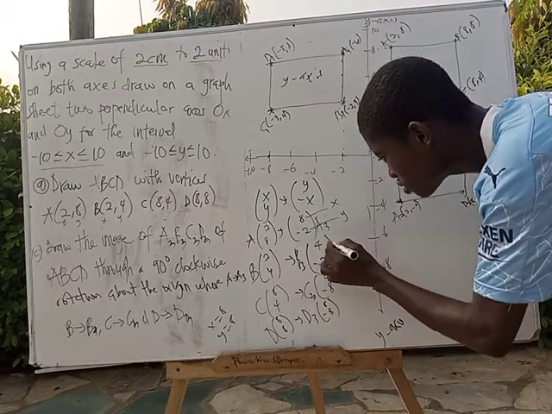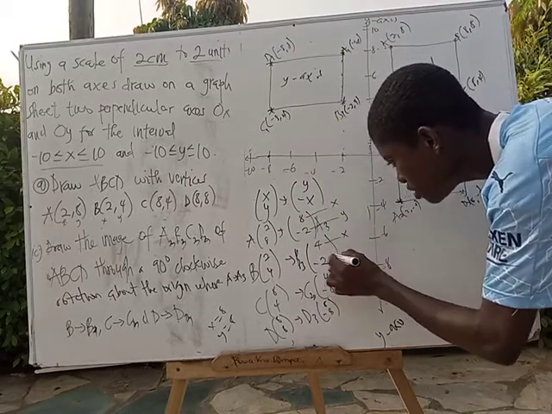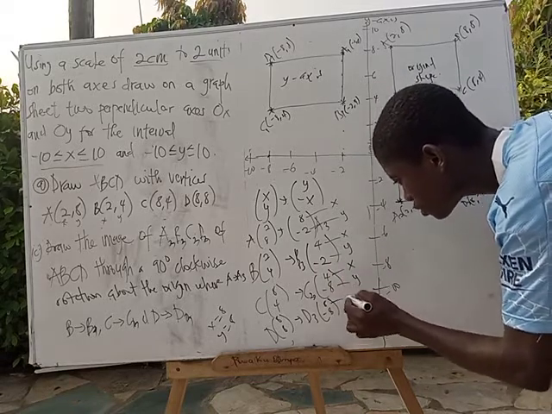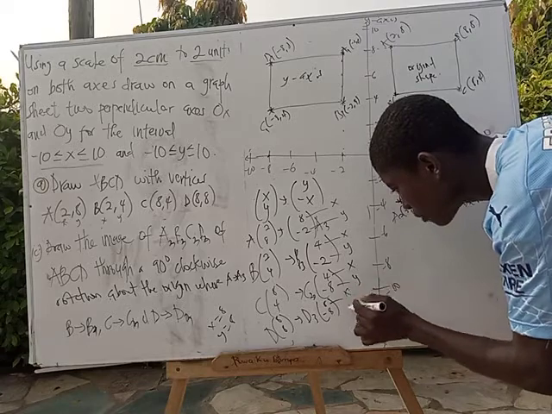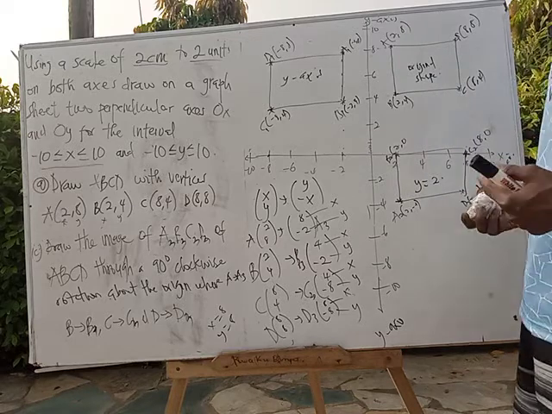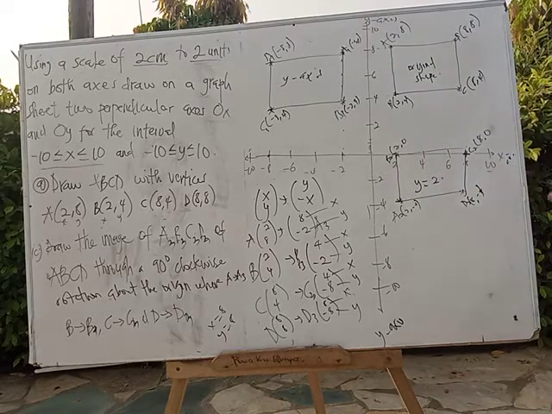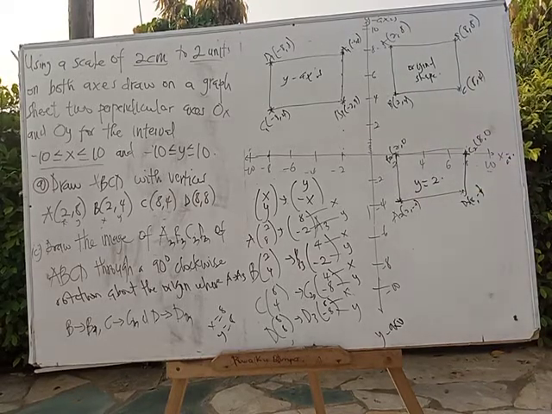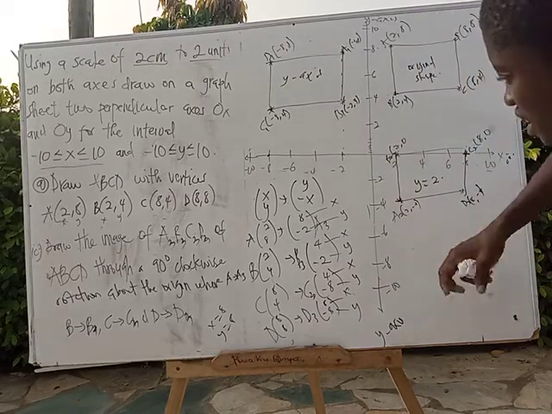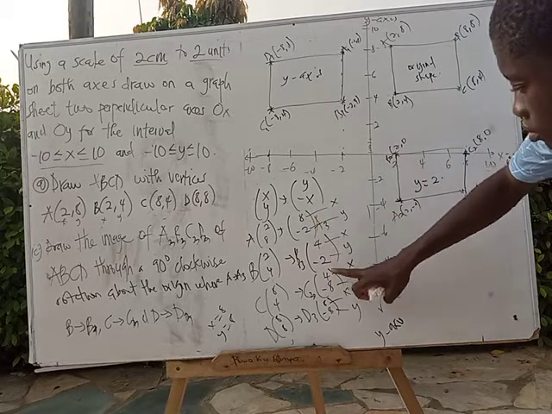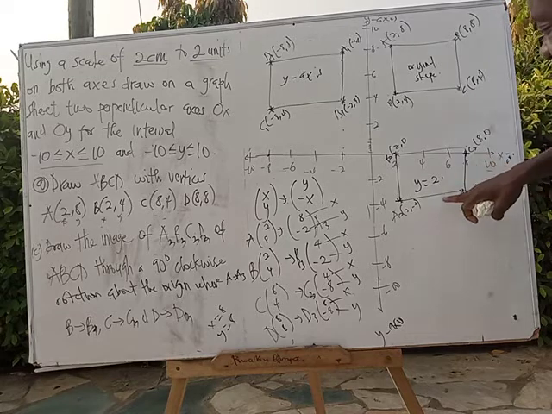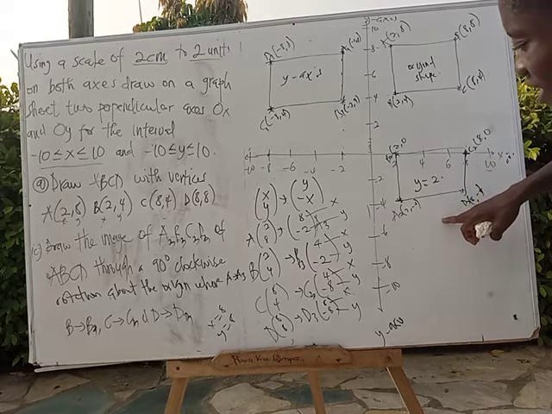So what we are considering now are the images that we've gotten. The first one is x and the second one is our y value. So that's about the image. You can see that all the x values are positive, and all the y values are negative, right?